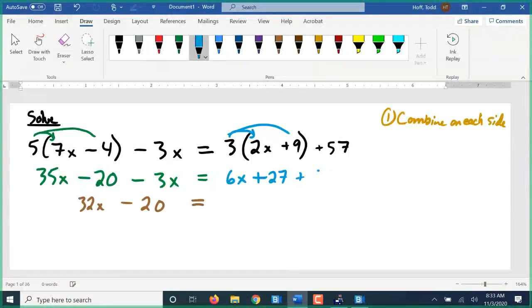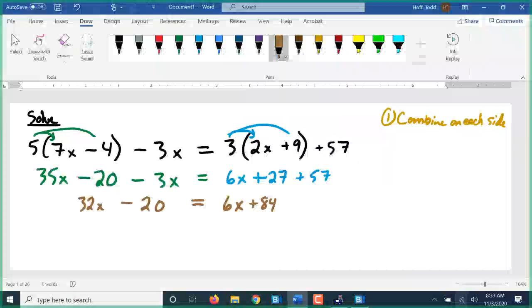And we still have that positive 57 there. There's nothing to combine with the 6x, but we have 27 plus 57, which is 84. So now we have combined everything we can on each side.